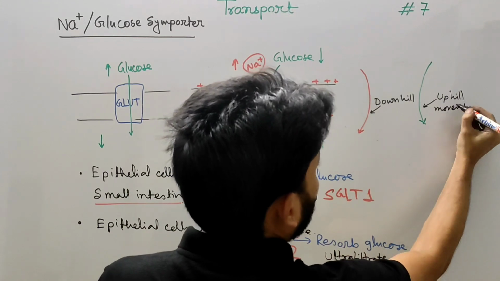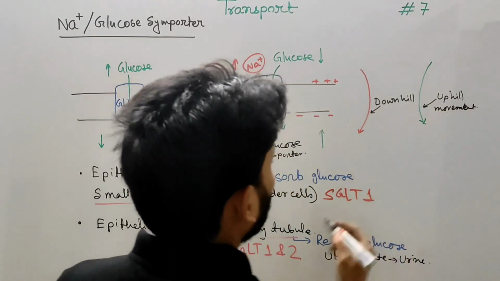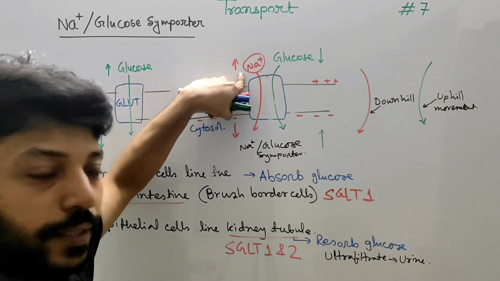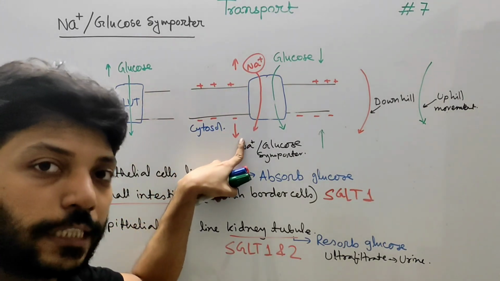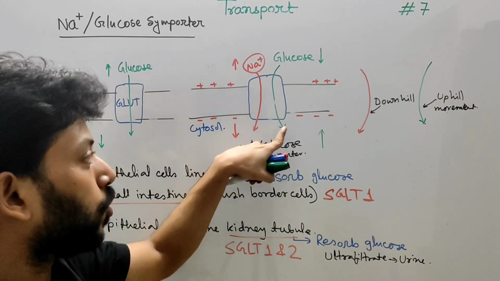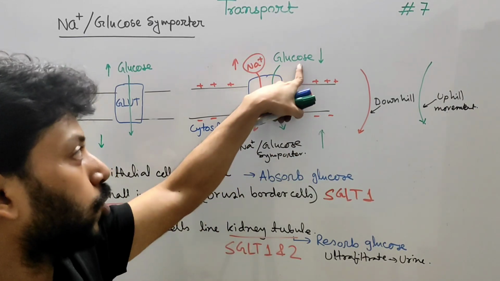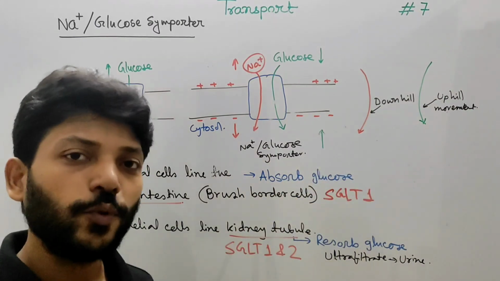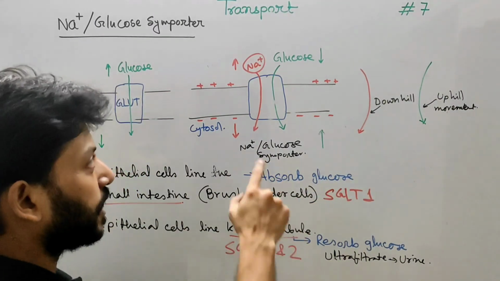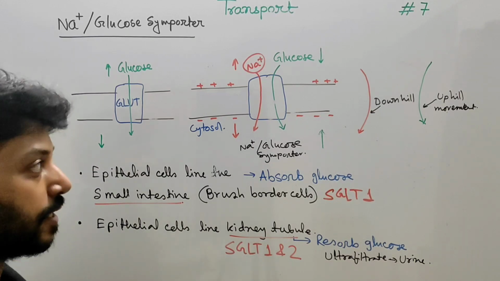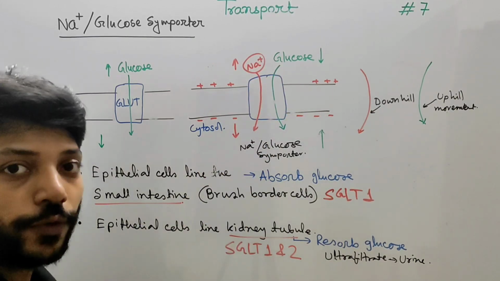By moving sodium down the concentration gradient, the downhill movement, it generates energy to help the glucose move by uphill movement. Uphill movement requires energy, but in this case the sodium electrochemical gradient helps the glucose to move inside.